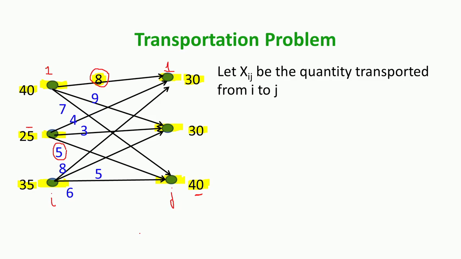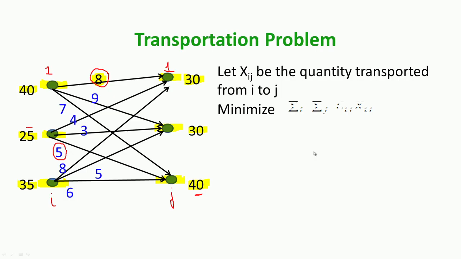It is customary to represent the supply points on the left hand side and the demand points on the right hand side, and an arrow indicates that there is transportation from a supply point to a demand point. So, let Xij be the quantity transported from supply point i to demand point j.